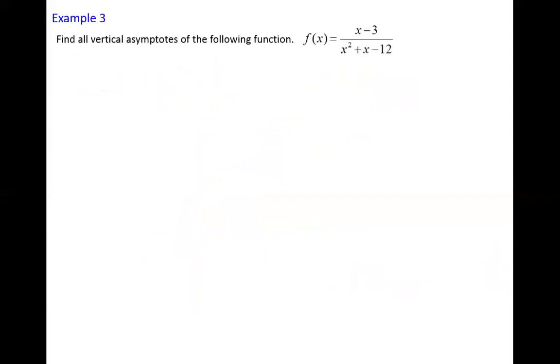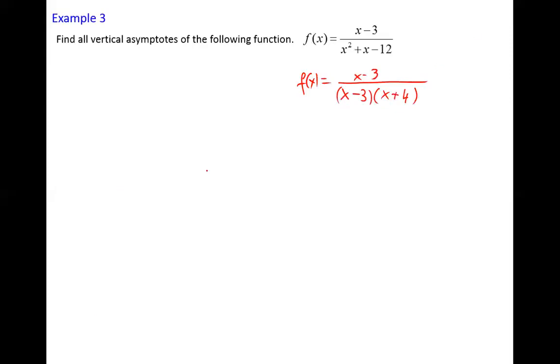Okay, example number 3. Find all vertical asymptotes of the following function. The rational function is x minus 3 over x squared plus x minus 12. I see a linear term on the top, nothing to do, but in the denominator I have a quadratic function, and I believe we can factor it. It will be 3 and 4, negative and positive, because of negative 12 and positive 1.